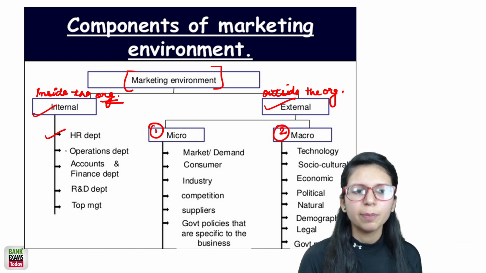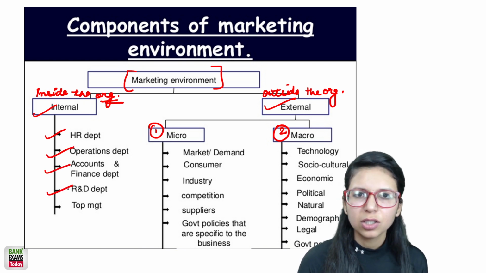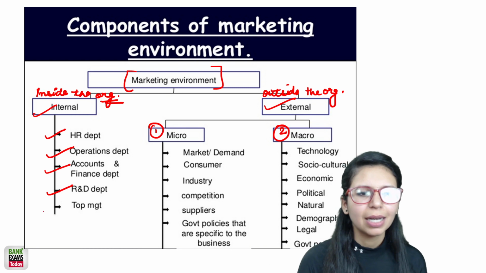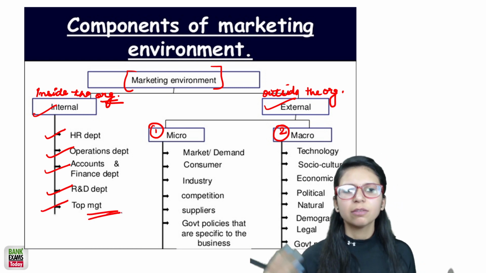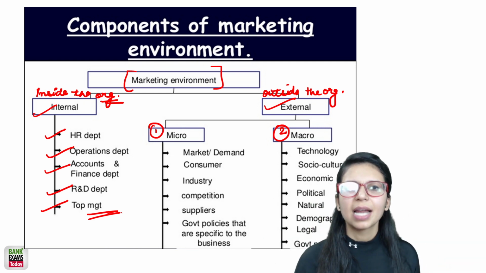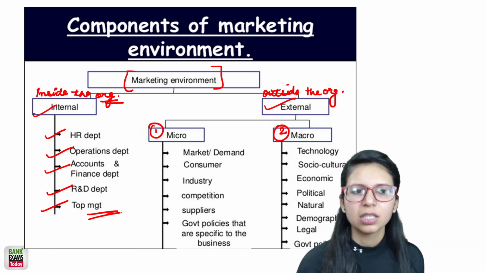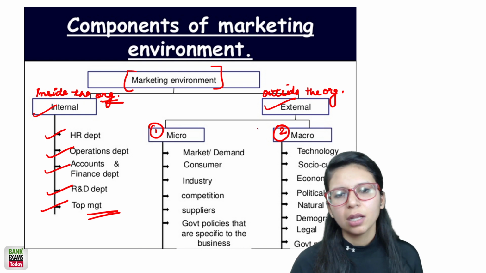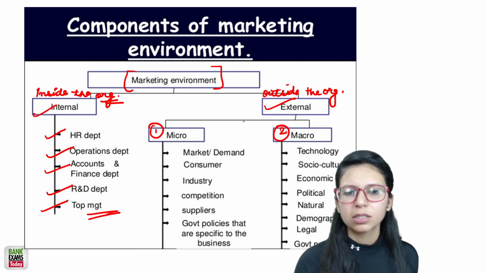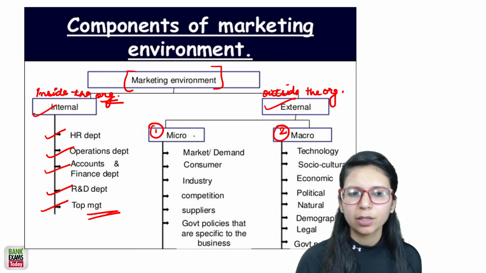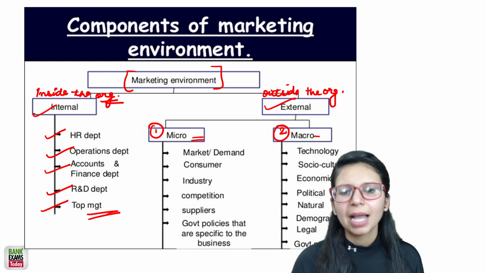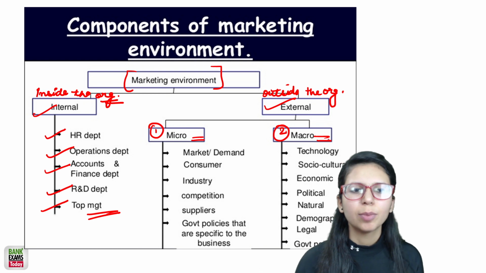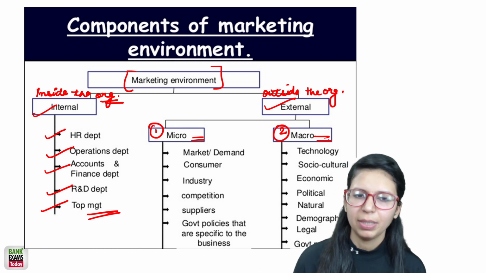It can be the HR department, operations department, accounts department, research and development department, top management, whatever is going on inside the organization. The external environment covers two aspects: micro, which is partially controlled by us, and macro, which is not at all controlled by us; we cannot control this environment.